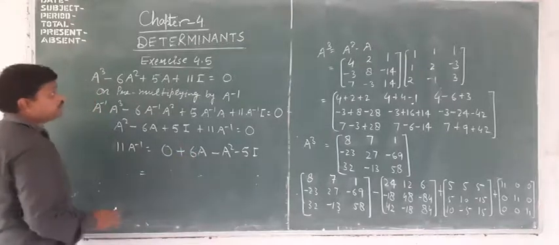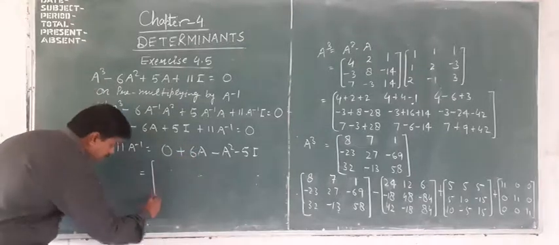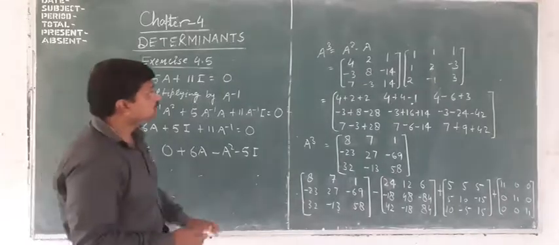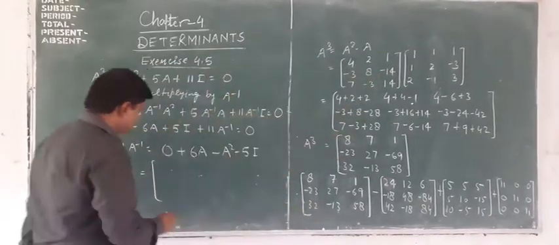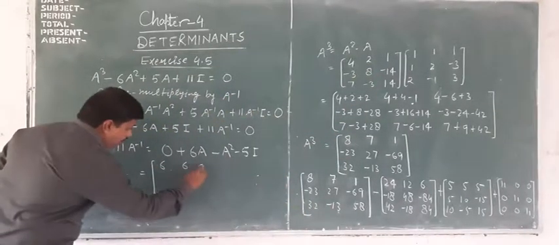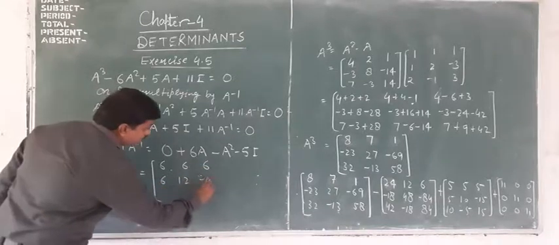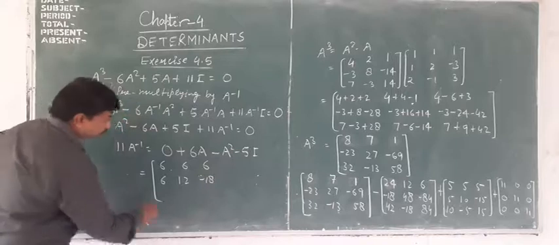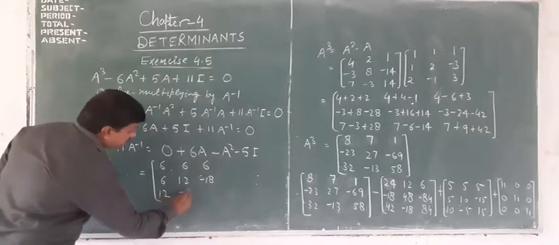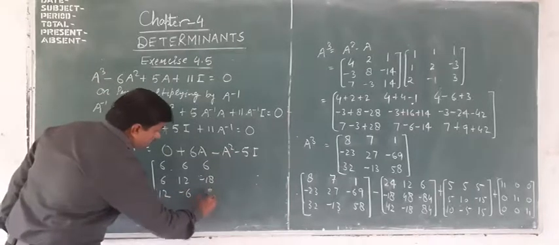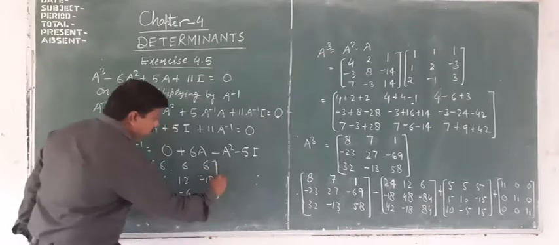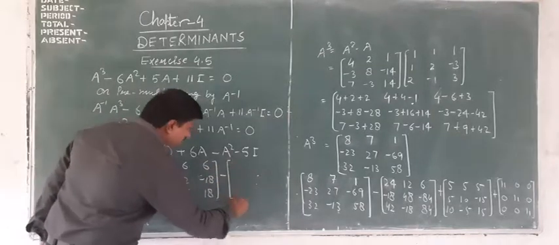So what is the value of 6A? The 6A matrix is 6, 6, 6, 6, 12 minus 18, 12 minus 6, 18. Minus A square. What is A square?